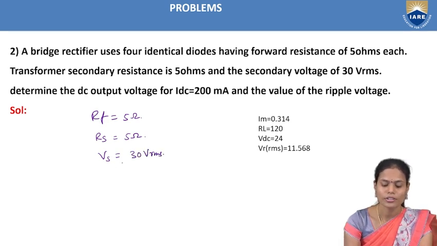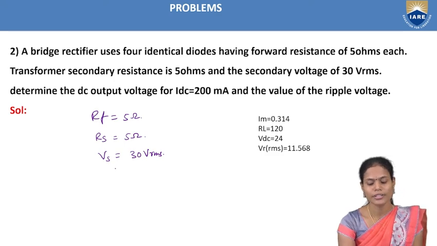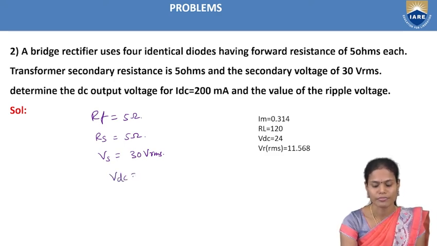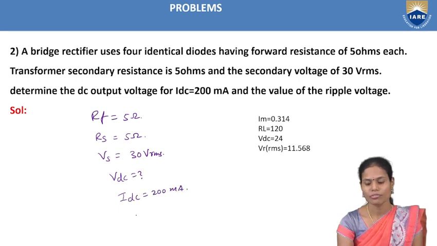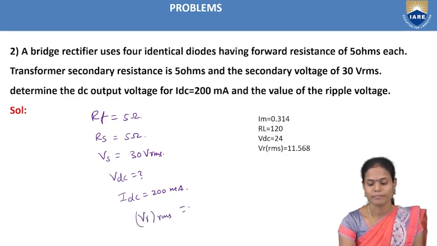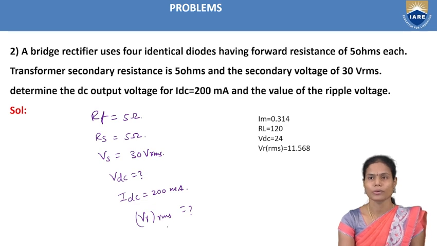Here we need to determine the DC output voltage VDC for IDC equal to 200 milliamps, and we have to find the ripple voltage VR RMS.